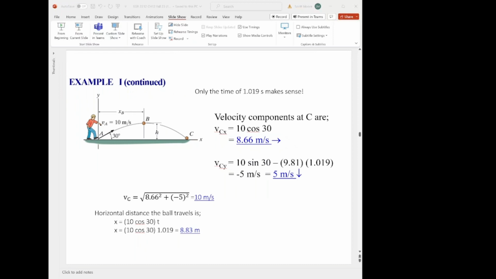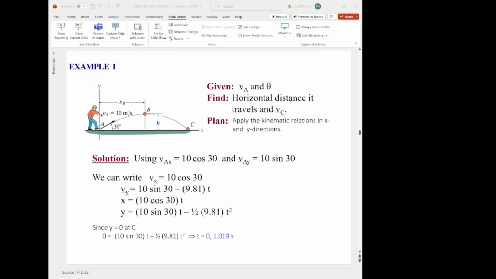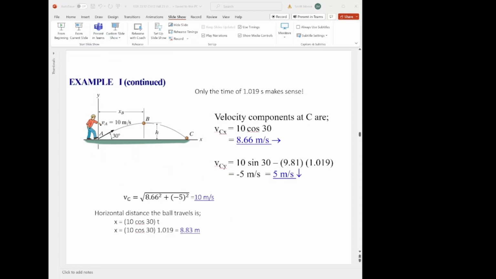Then to find the magnitude, we just use the Pythagorean theorem, and that comes out to be 10 meters per second. And for the distance, we just substitute t into this equation, and we determine the distance is going to be 8.83 meters.